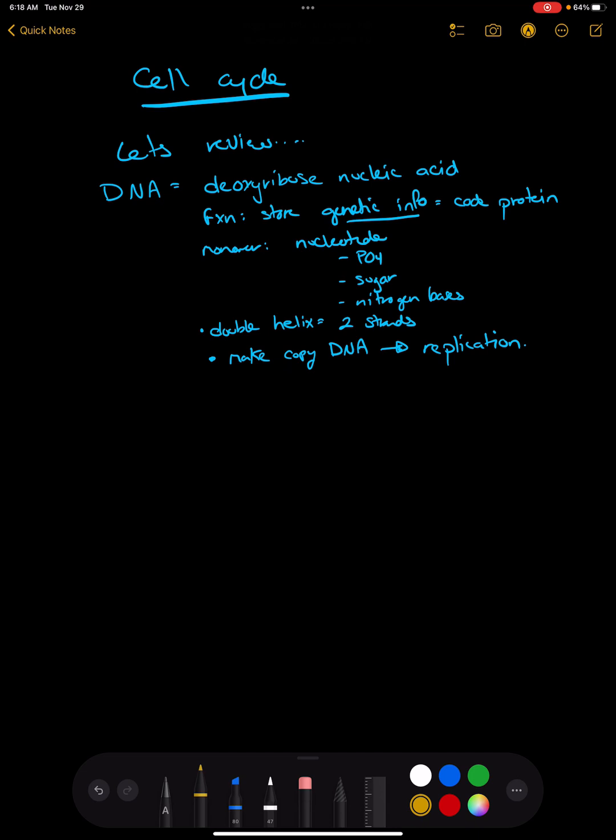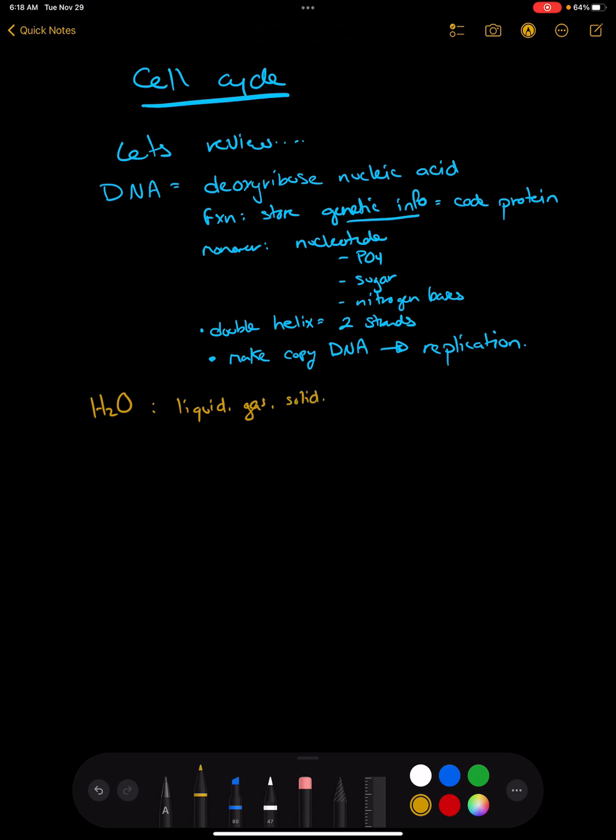Okay, but DNA is kind of like if I said H2O, right? H2O, how can I see H2O? Well, easy enough, you're going to say water, but what do you mean by water? You mean water is liquid, right? You can see water as a gas, and you can see water as a solid, right?